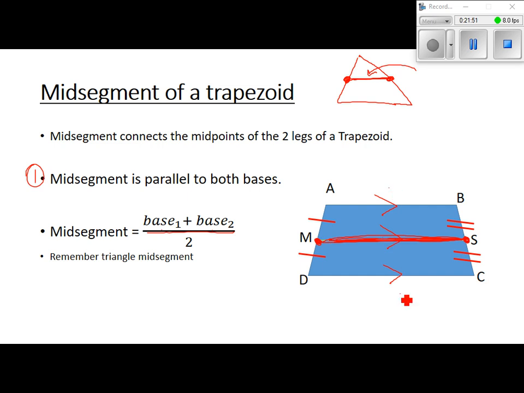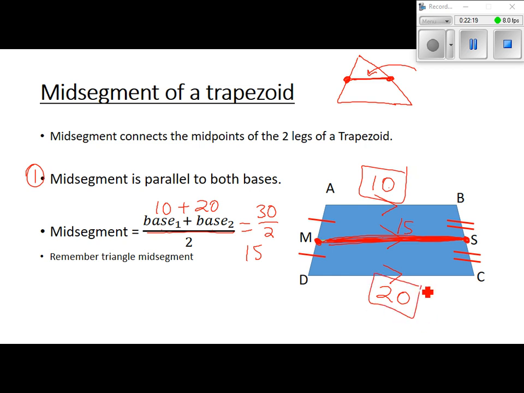So let's say this top base up here, base 1 is 10, base 2 is 20, just something easy. All you're doing here is adding those two together, and we get 30. Divide that by 2, and you end up with 15. This mid-segment has to be 15. So it has to be a length between these two. It's like the average of the two bases.